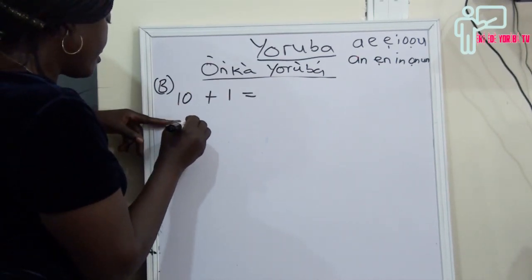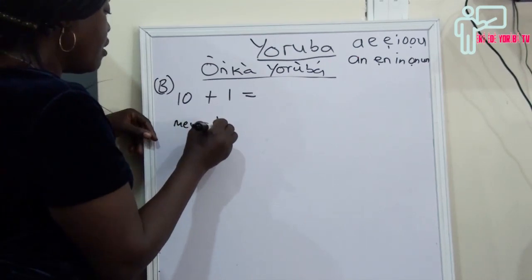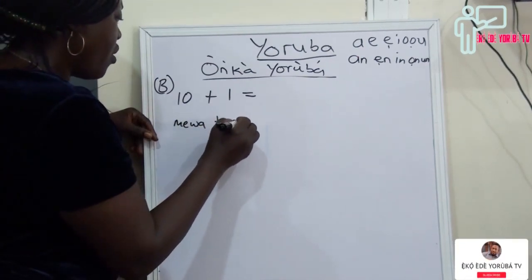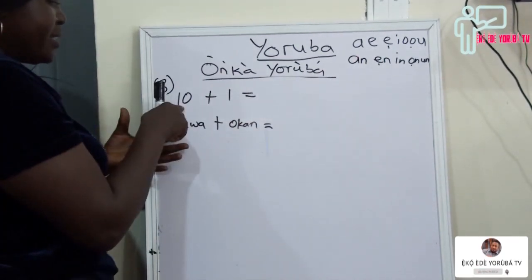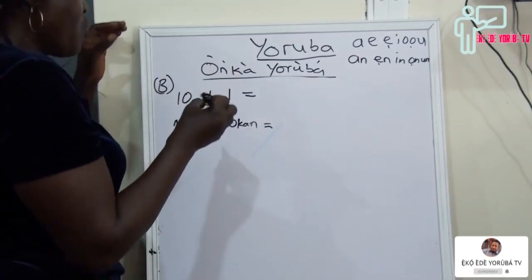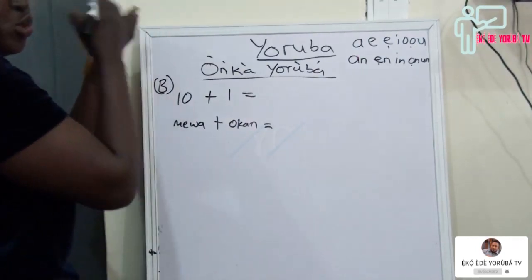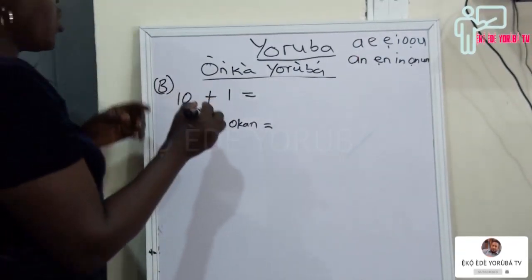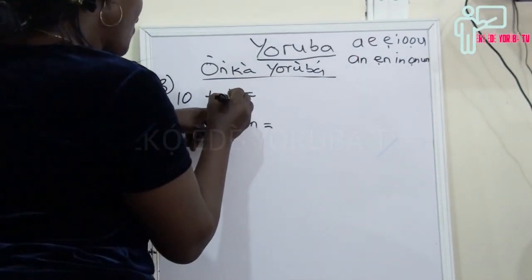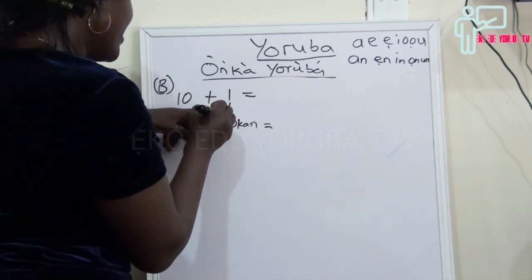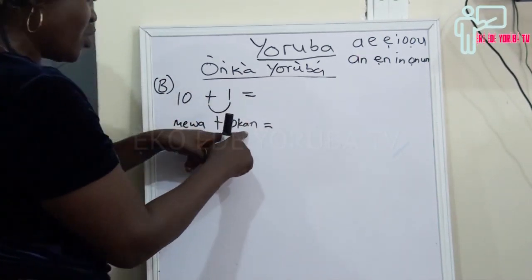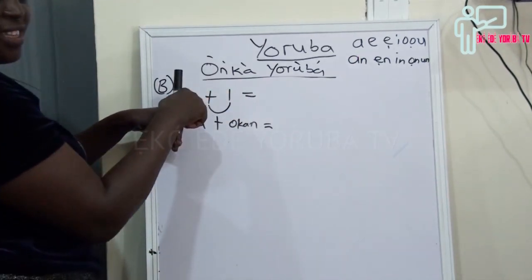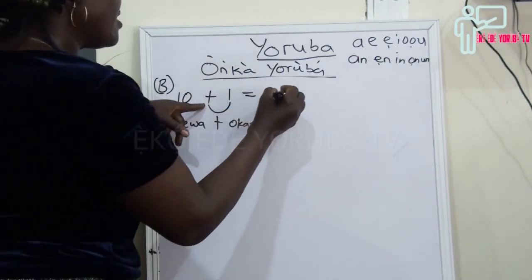Mẹ́wàá plus ọ̀kan. So we now count from the back to the front. So this one is when we say ọ̀kan, ó lé ọ̀kan.